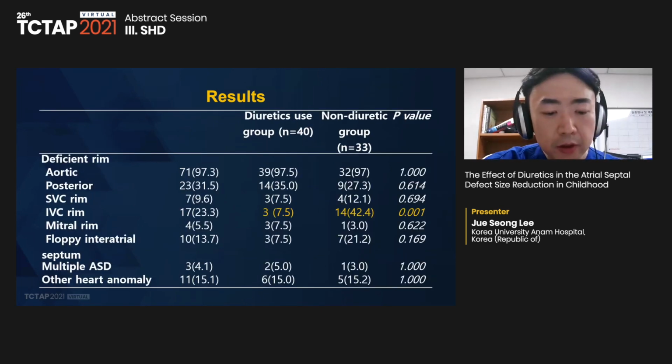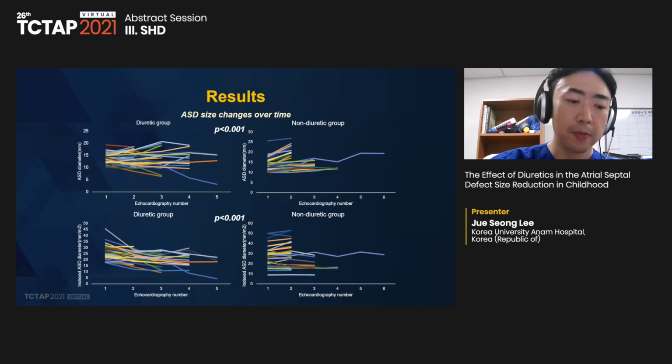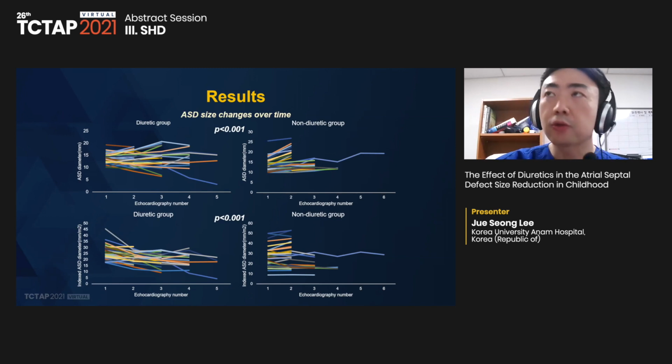And limb deficiency was found to be more frequent in the non-diuretic group. Both the ASD and indexed ASD diameter showed a significant difference over time in both groups. The patients who received diuretics showed a significant size decreasing tendency over time compared to the non-diuretic group.